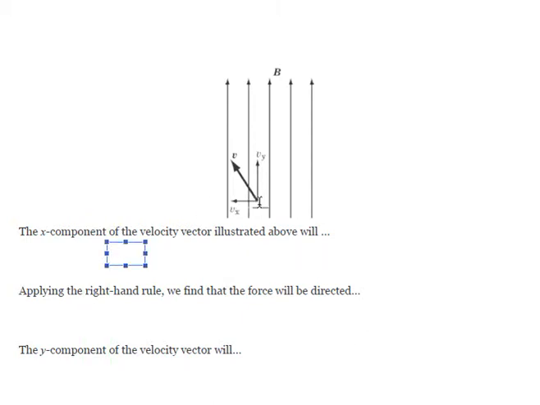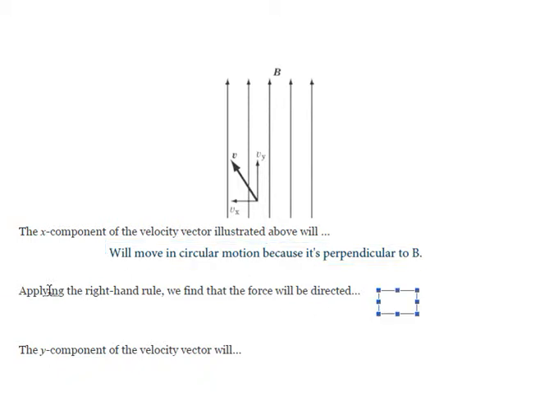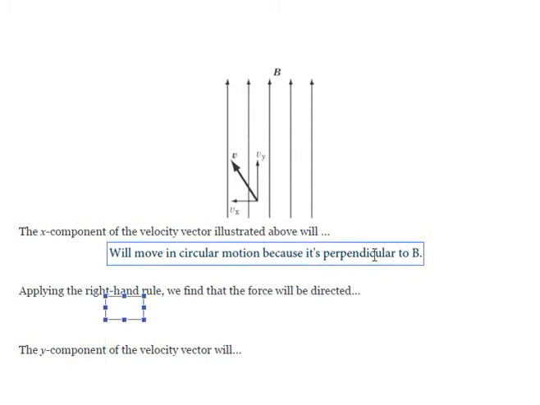So the x component is perpendicular now to the magnetic field. So the x component will move in circular motion because it's perpendicular to the magnetic field. If we apply the right hand rule to that, we take the index finger of our right hand and point it to the left. Take the middle finger and point it up towards the top of the page.